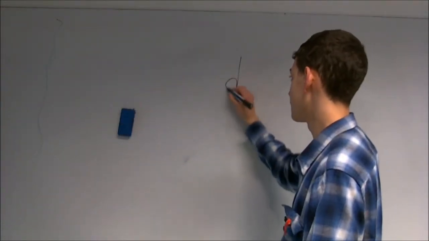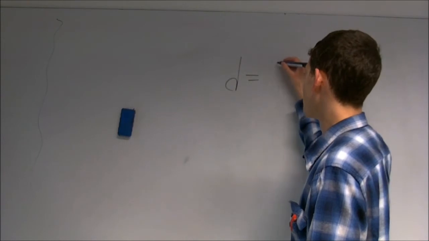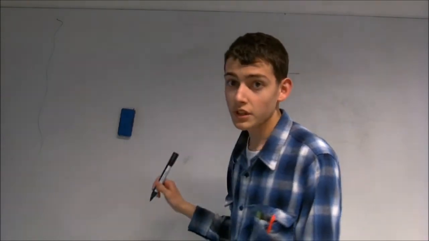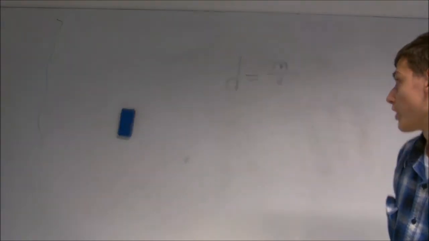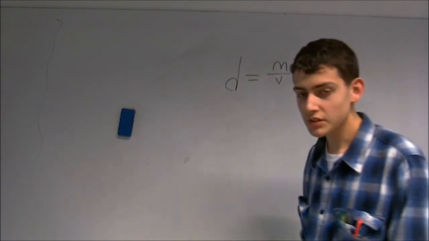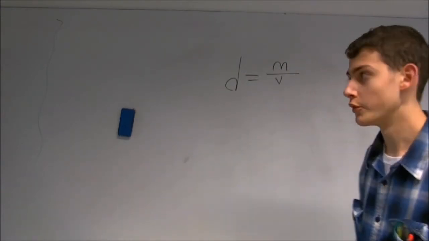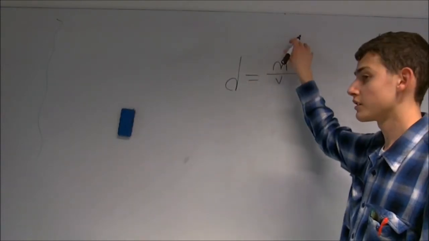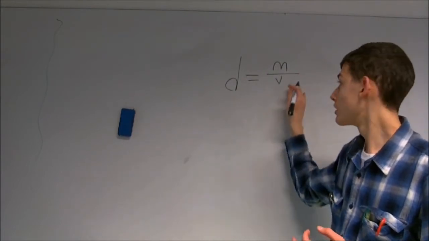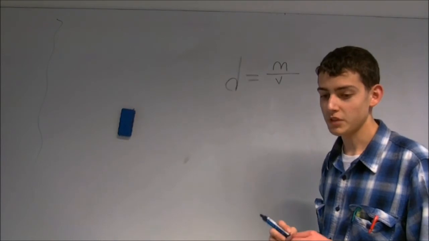You might be given a density. Basically, what you remember for this is that your density D equals mass m over volume V. Just memorize that, and you should be fine for all these questions. There's one that I got that asks you to estimate the size of an atom, where they give you the density and the mass, and you know the atom that they're talking about.